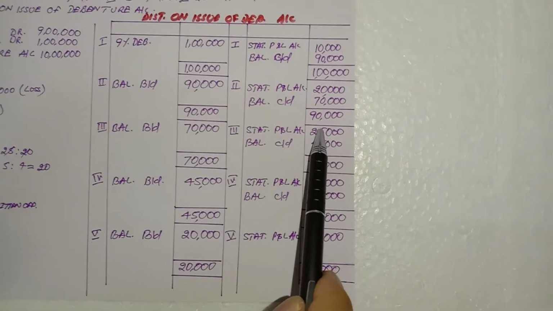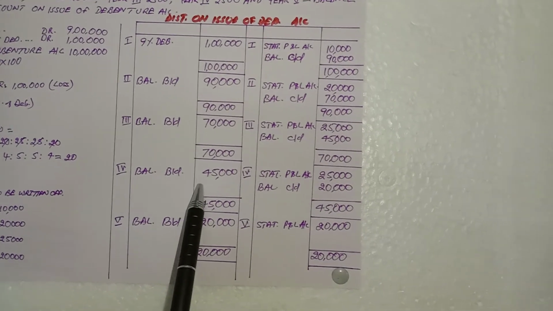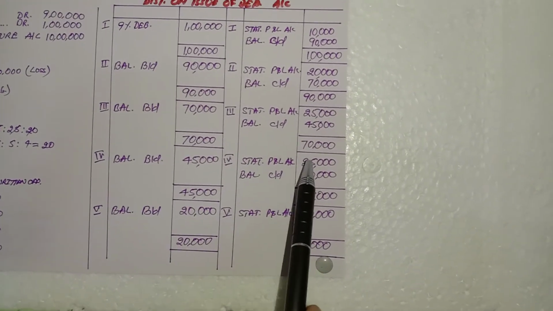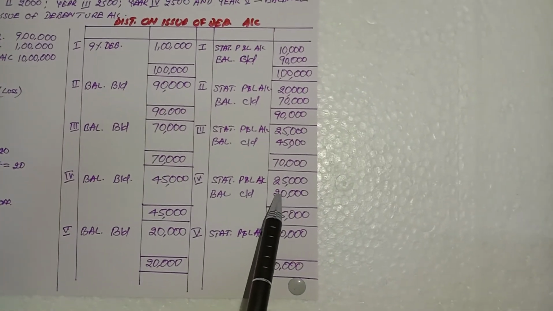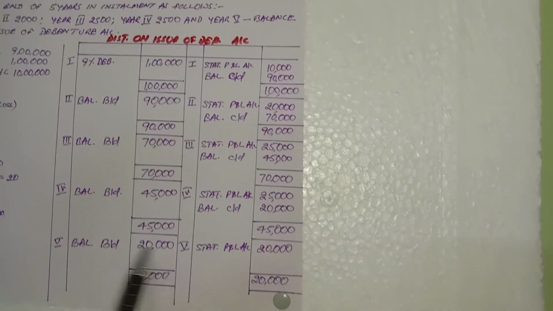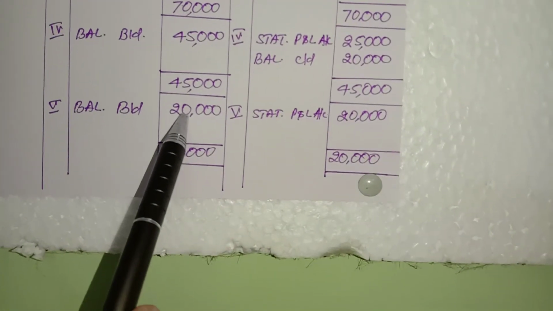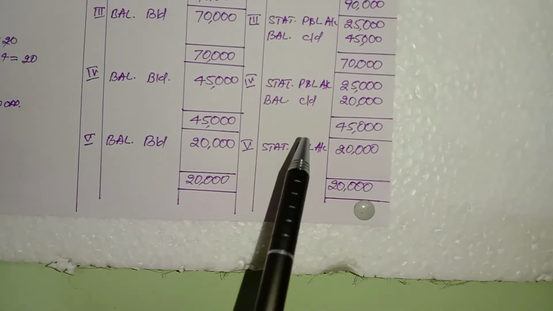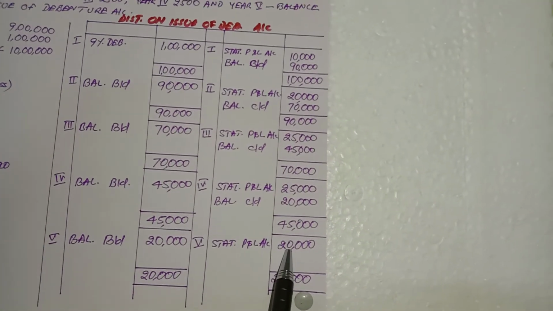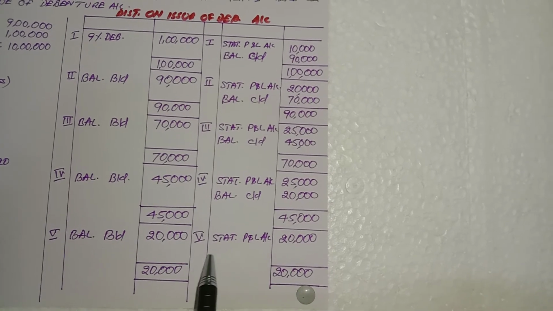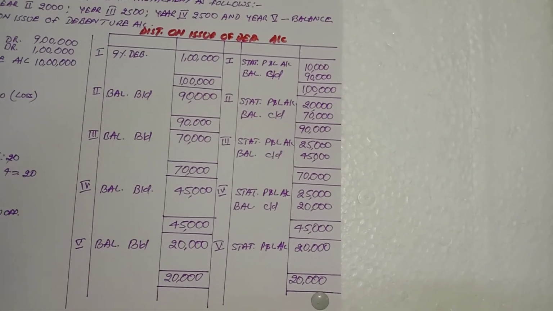So 25,000 here I adjusted, again I got 45,000 as a balancing figure, and then in the fourth year again 25,000, so 20,000 will be the last year. So here balance brought down becomes 20,000, and in the last year we are going to write off again 20,000 rupees through profit and loss. So in the fifth year both the sides will tally, there will be nil balance.